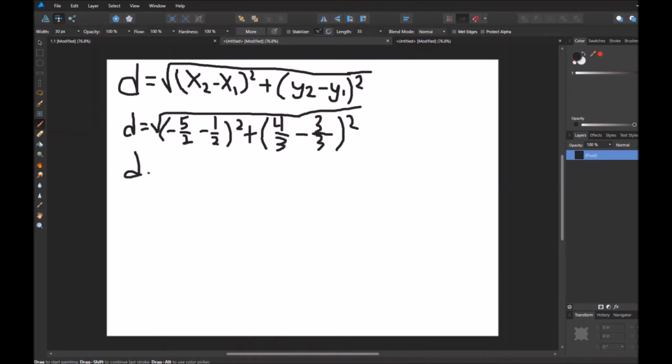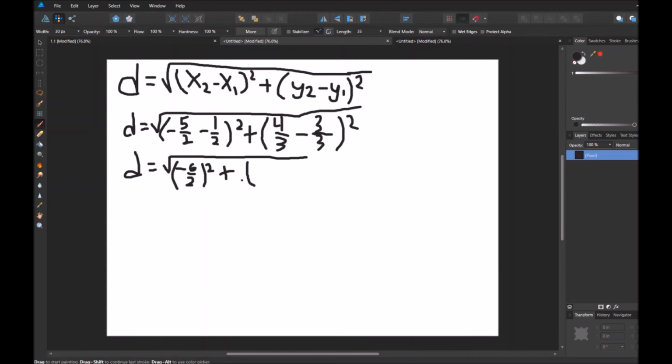So negative 5 over 2 minus 1 over 2 is the same thing as the square root of negative 6 over 2, and that's going to be squared. Plus 4/3 minus 3/3, well, you subtract the numerator but keep the denominator the same.